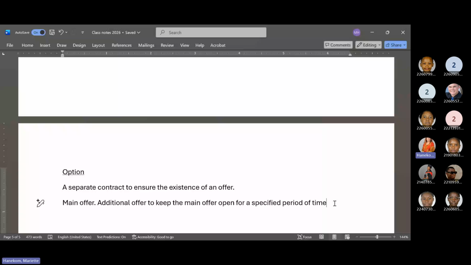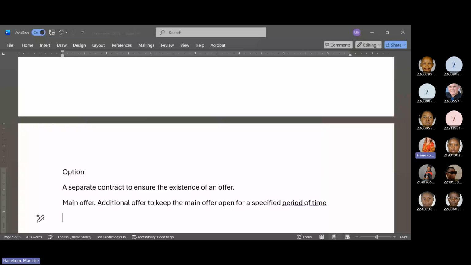Even if Martha comes to me and offers me 400,000, I am not allowed to accept that. Until the end of March, Celine has the right, the option to accept or reject up until the agreed time. And I am bound to our separate agreement to keep it open for that specified period of time.